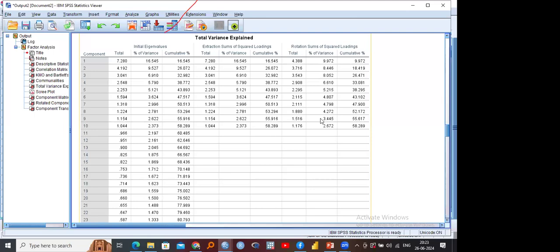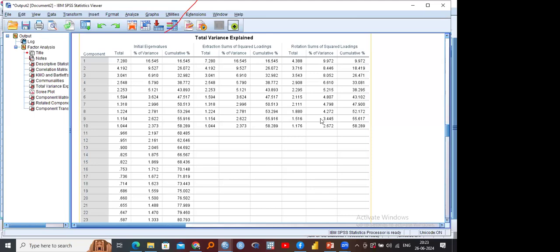Why did it try to maximize? The reason is that this entire concept of PCA and factor analysis works on the basic fundamental of maximum variation. The more variation it explains, the better it is considered.